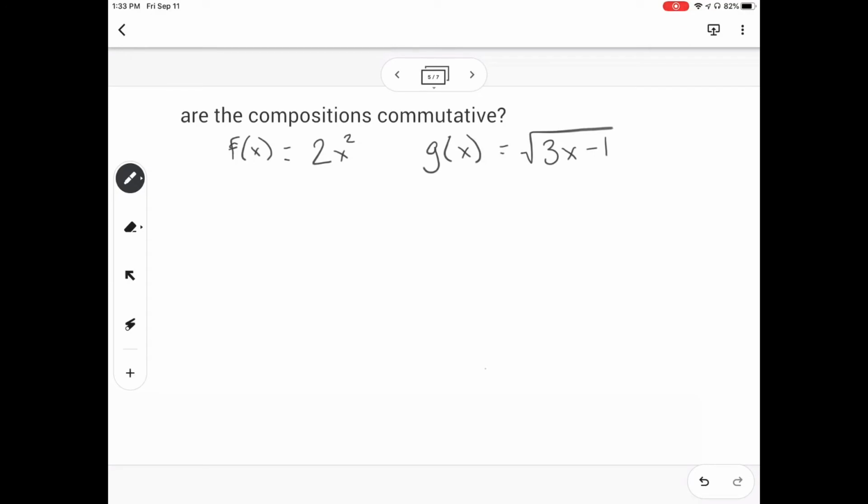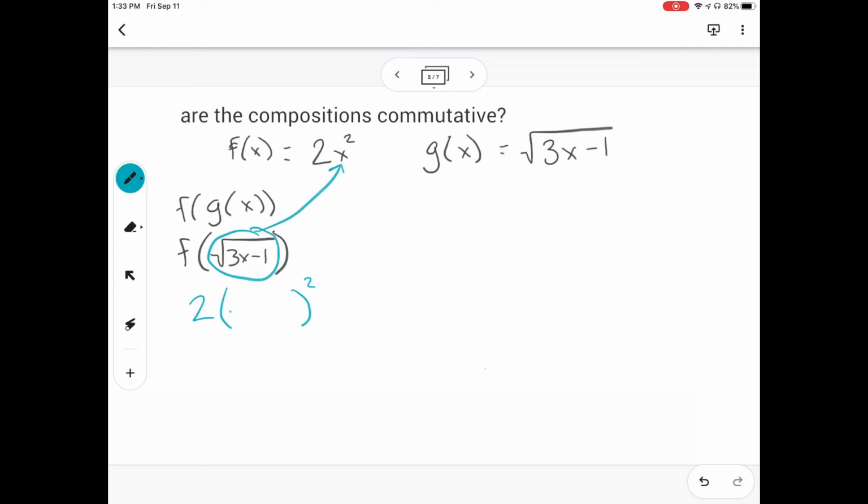So in this one, we've got f of x is 2x squared, g of x is the square root of 3x minus 1. So we do f of g of x first. So f of the square root of 3x minus 1. So in f, we're going to take this and plug it in for x.